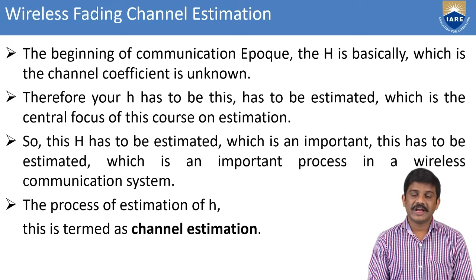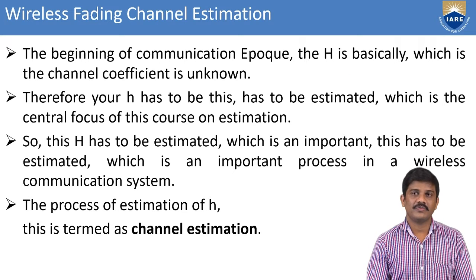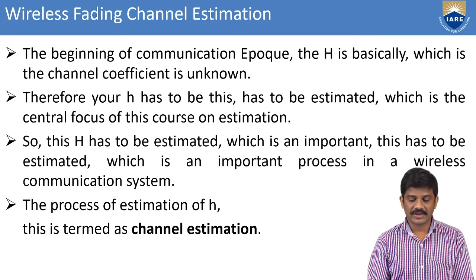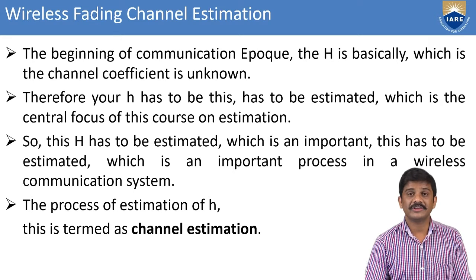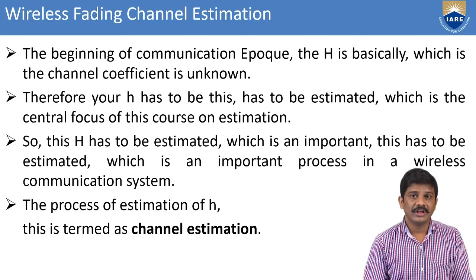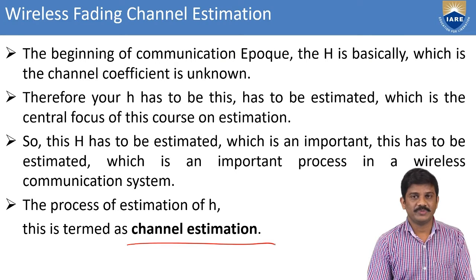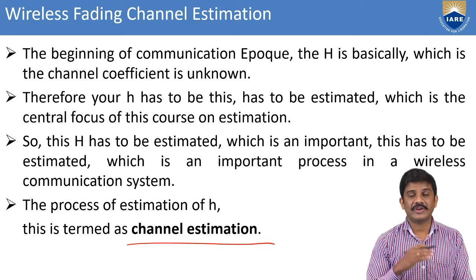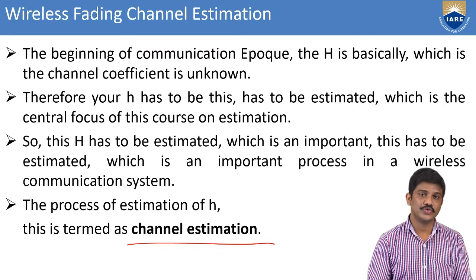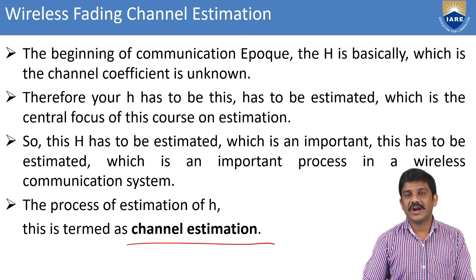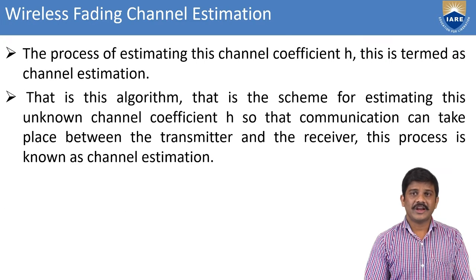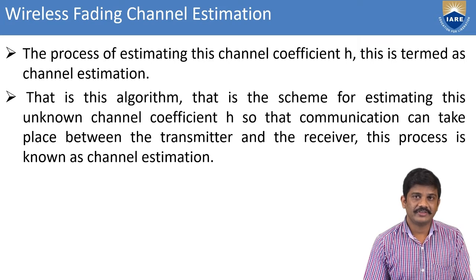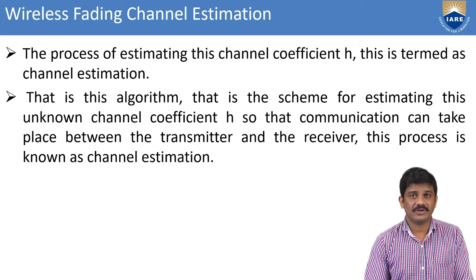Therefore, H has to be estimated, which is the central focus of the estimation. This is an important factor in a wireless communication system. The process of estimating the channel coefficient H is termed channel estimation.